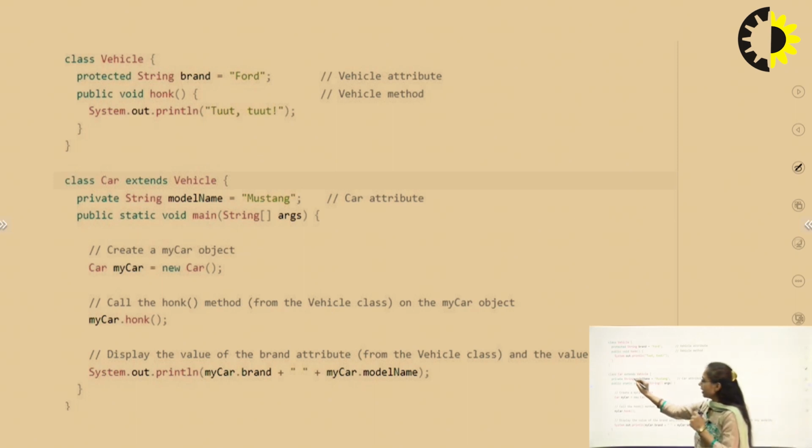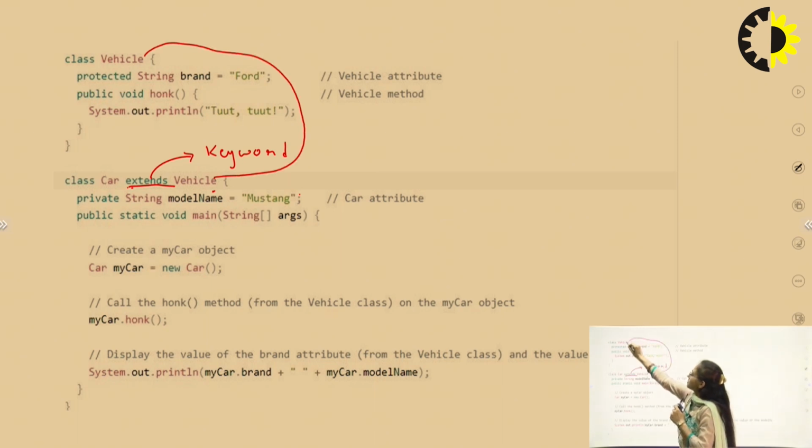Extends is the keyword to use whenever you want to inherit a class. So this extends keyword inherits your Vehicle class.